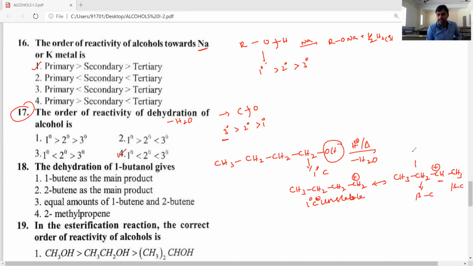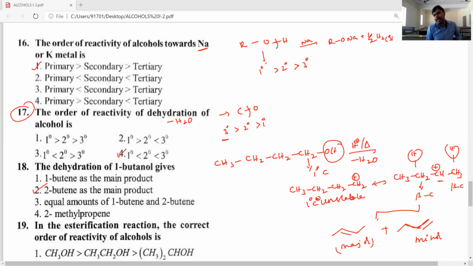If hydrogen is removed from this beta side or from the CH3 side, then two products are produced. One is but-2-ene and another is but-1-ene. The more substituted alkene is the major product, and the other is the minor product according to Saytzeff's rule. So the major product is but-2-ene.